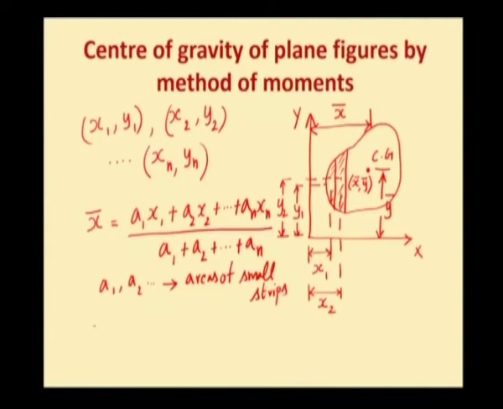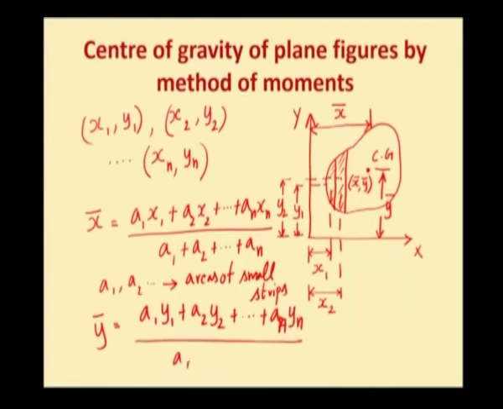Likewise, we can get the y coordinate of the laminar area. Y coordinate of the CG of the laminar area will be a1 y1 plus a2 y2 plus up to an yn, divided by the sum of the areas of all the strips, a1 plus a2 up to an.